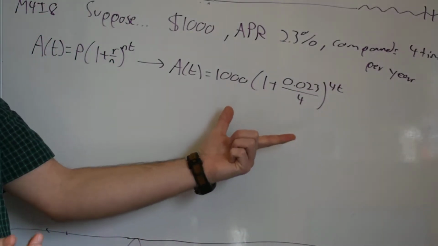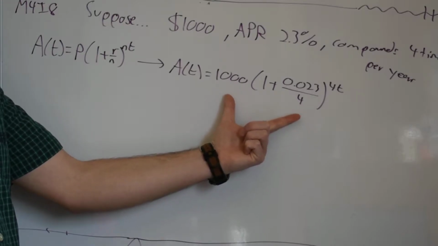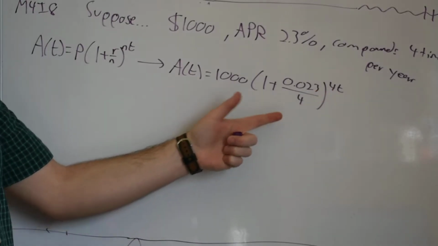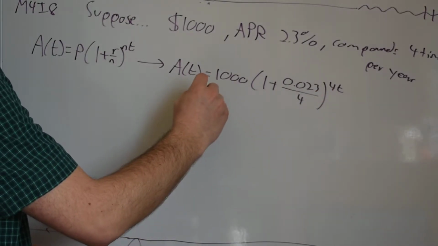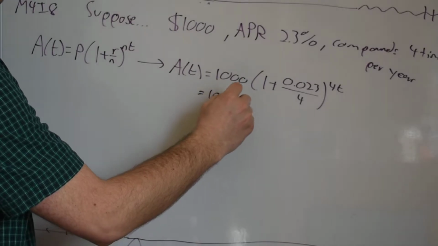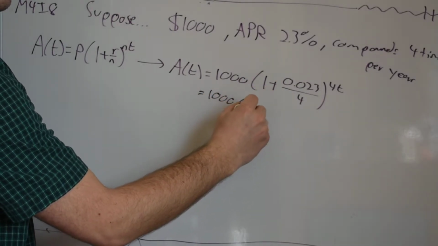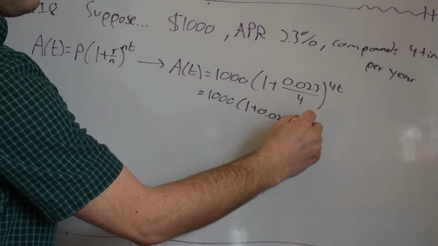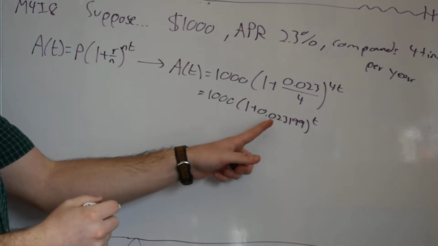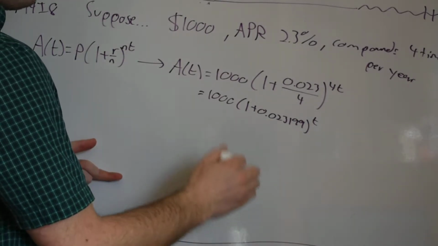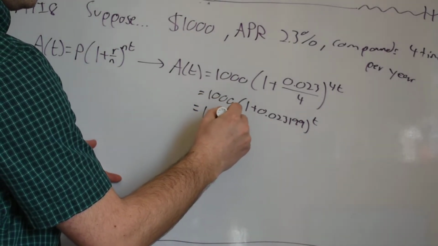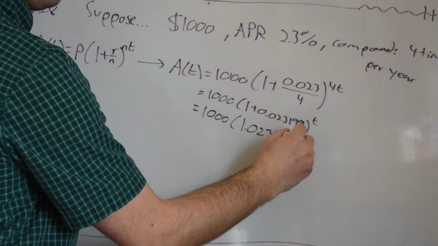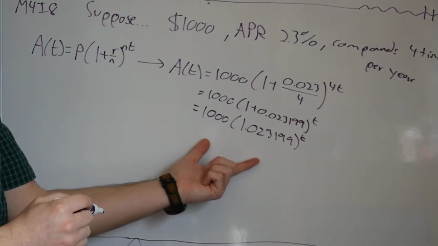So for this particular savings account, this function will tell us how much we have in the account after a certain amount of time. And just to make this easier to look at, we're going to simplify this. And it ends up simplifying to about that. And then we can add these two things together. Okay, so this is what we're working with.